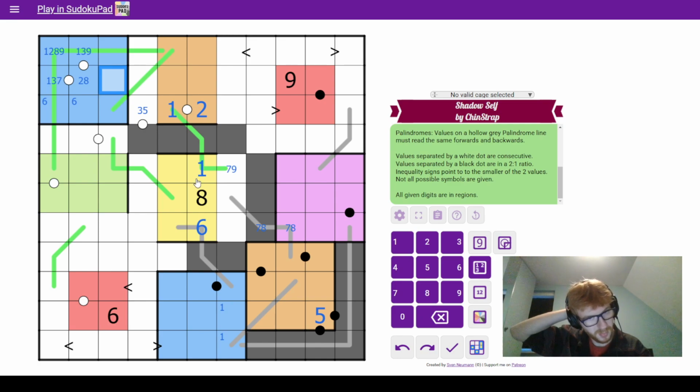So what now? What are we doing? An 8 cannot be here. This cannot be an 8. But I don't see why neither of these can be an 8. And I said this was a 6 or 7 if it's not in.